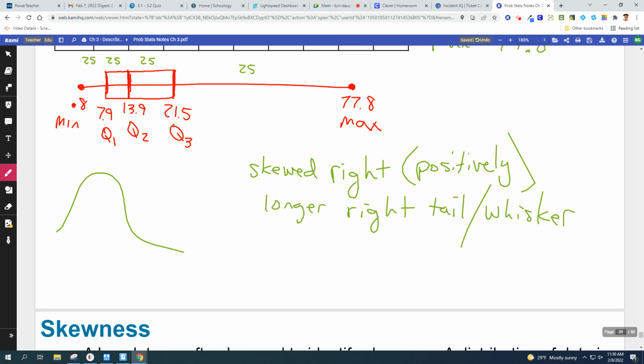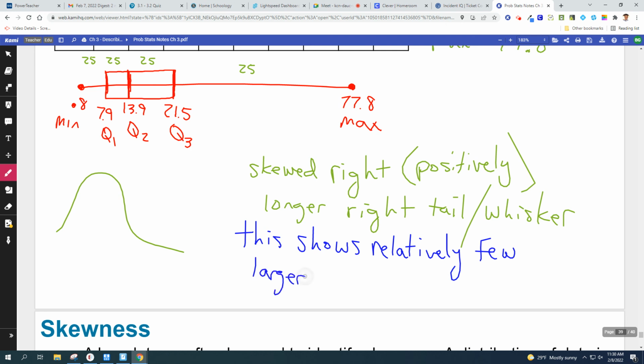And what this shows us is relatively few larger data values. This shows us relatively few of the high data values.